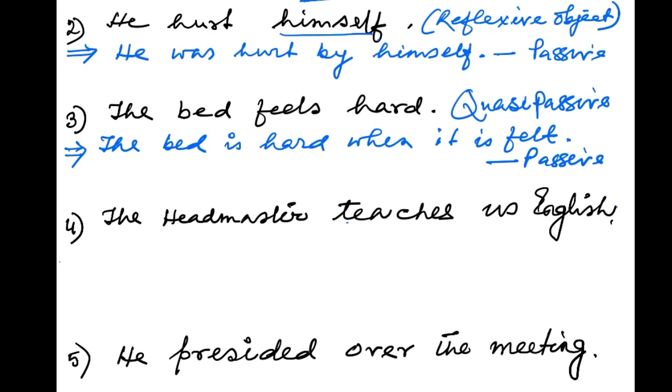Okay. Now the fourth sentence. The headmaster teaches us English. It is a sentence in present indefinite tense with two objects. This is the first object and this is the second object. As you have already learned, I will start the passive voice first with the first object.